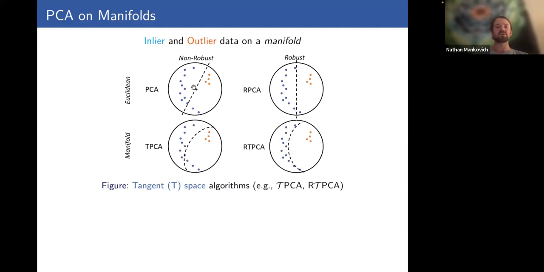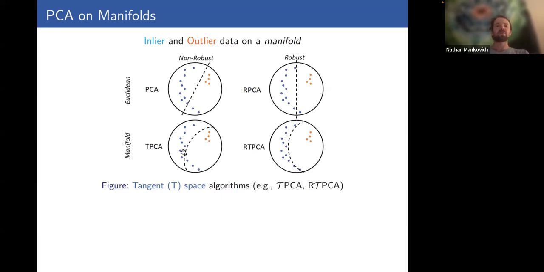So here, this is a silly one where you have data that lives on a sphere, with some inliers and some outliers. The top algorithms are Euclidean algorithms, and the bottom are manifold-based algorithms. The Euclidean algorithms don't respect the manifold structure, so they give you principal directions just in Euclidean space, and they might be a bad model for your inliers.